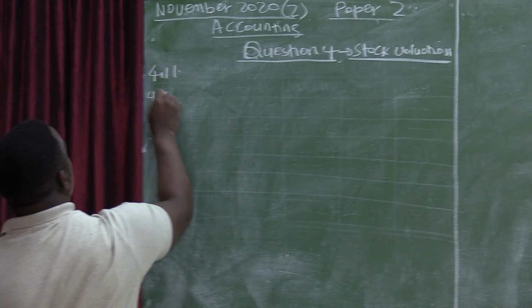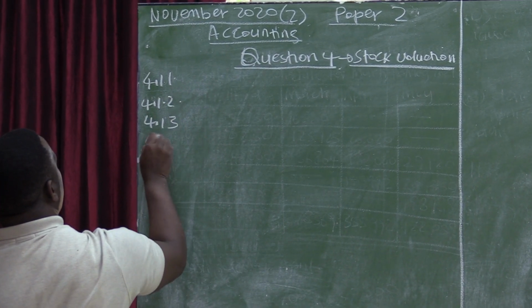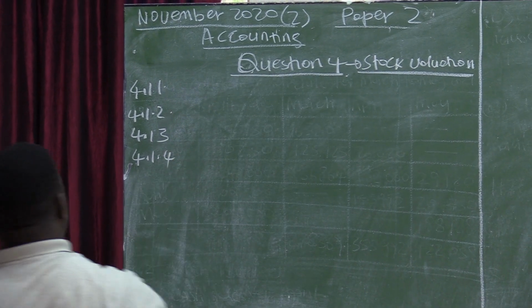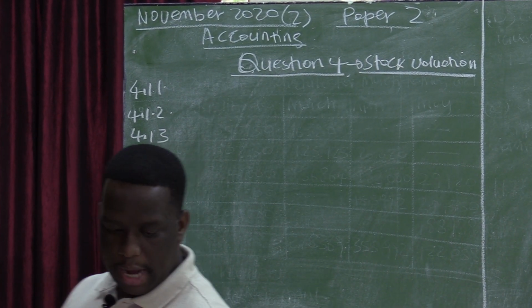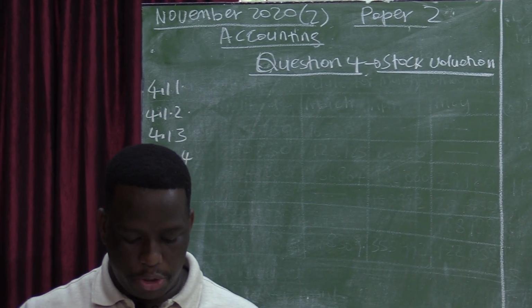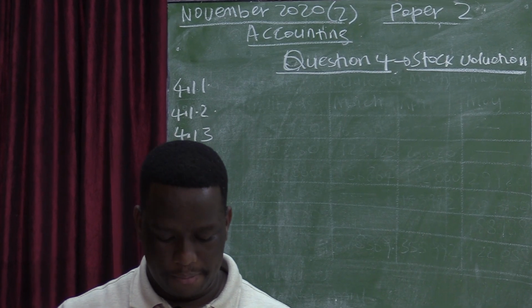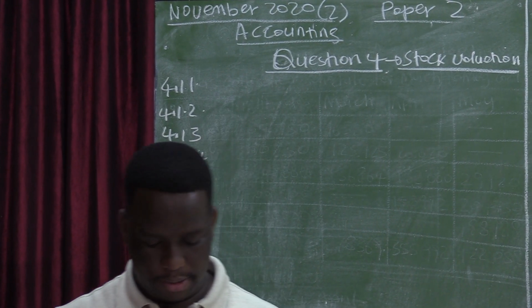4.1.1, 4.1.2, 4.1.3, 4.1.4. Right, the first one says, the method is most suitable for inexpensive goods purchased regularly. Which method is that one?